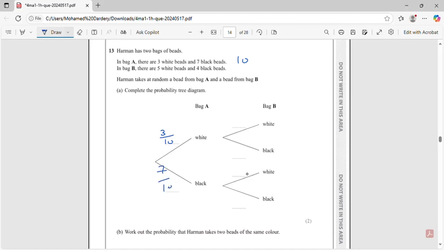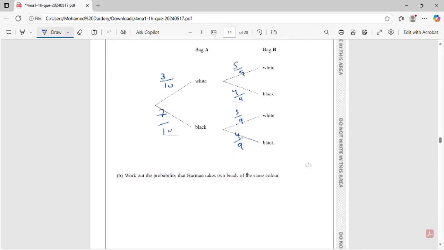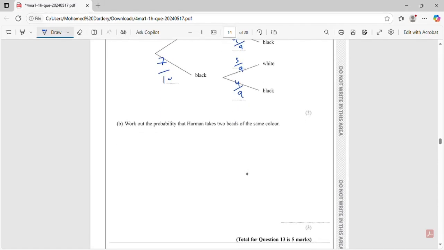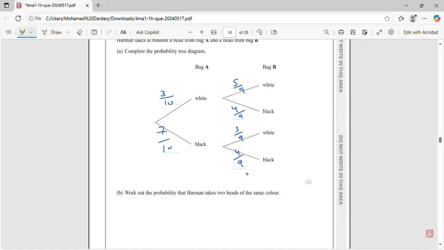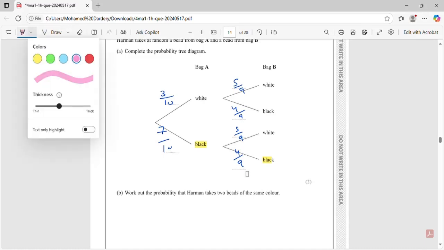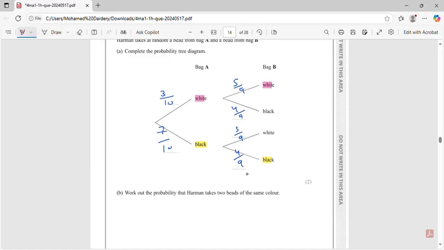This is for the first one. But for the second one, as long as the total here is 9, white here is 5 over 9, and black here is 4 over 9. It will be the same for the next one. Now work out the probability that the man takes 2 beads of the same color. Of course, 2 beads of the same color means black, black, or I can choose white, white, which is white and white at the same time.